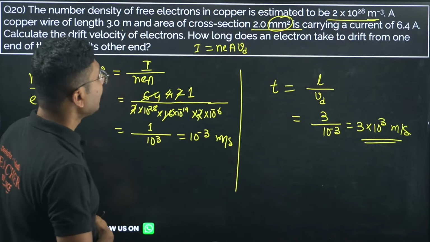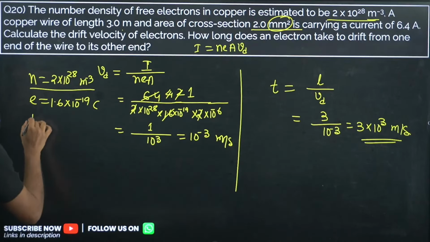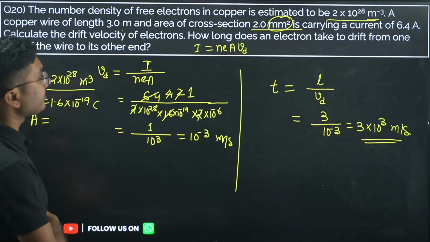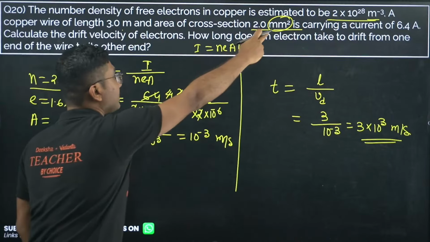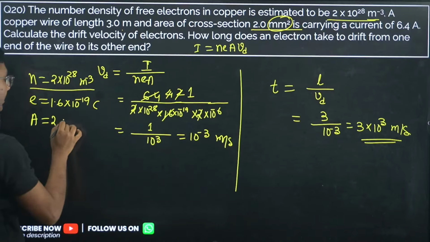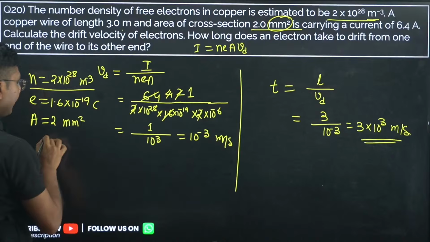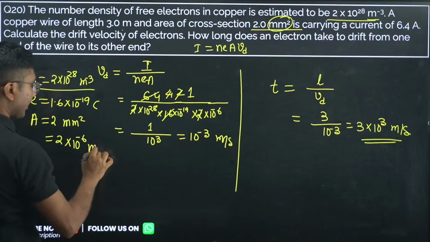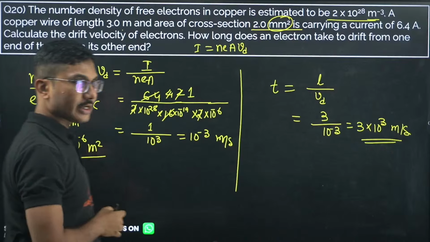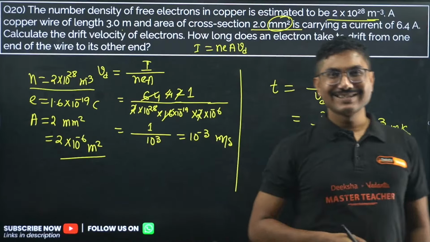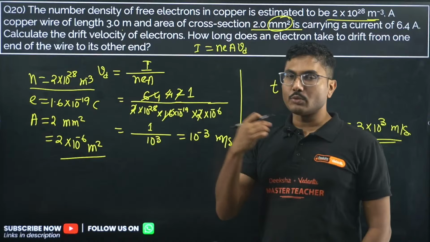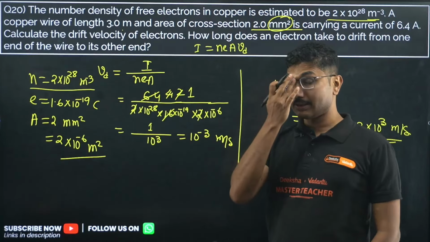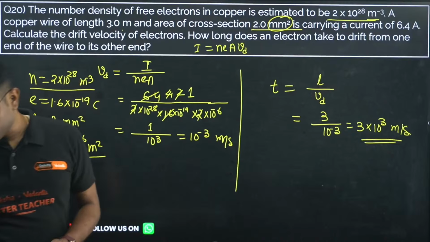Area of cross section is given as 2 millimeter square. Millimeter square is not sufficient, you have to convert it into meter square. 1 millimeter to 1 meter is 10 to the power of minus 3, so if you square both sides, millimeter square to meter square is 10 to the power of minus 6.